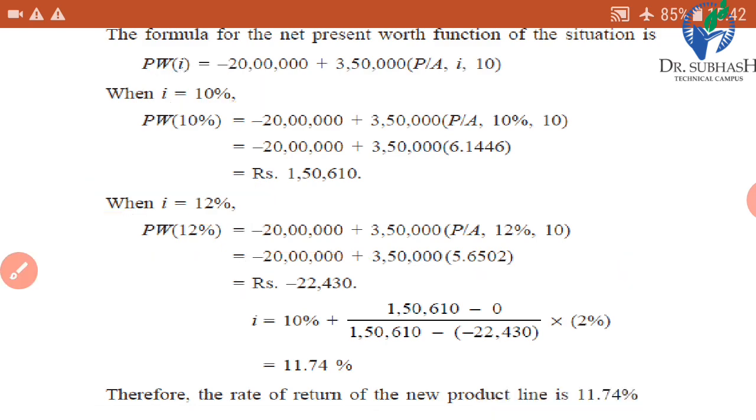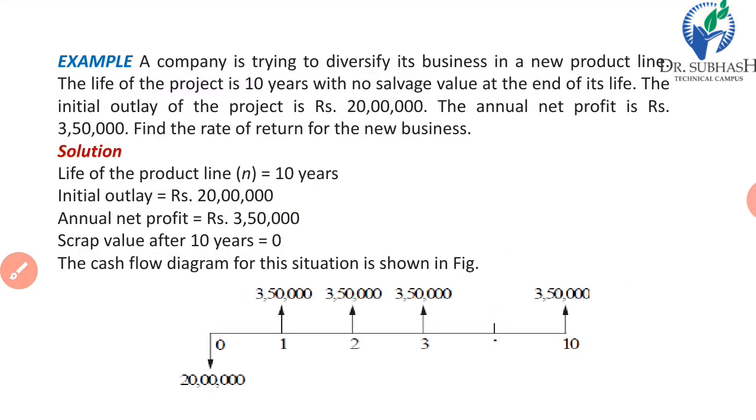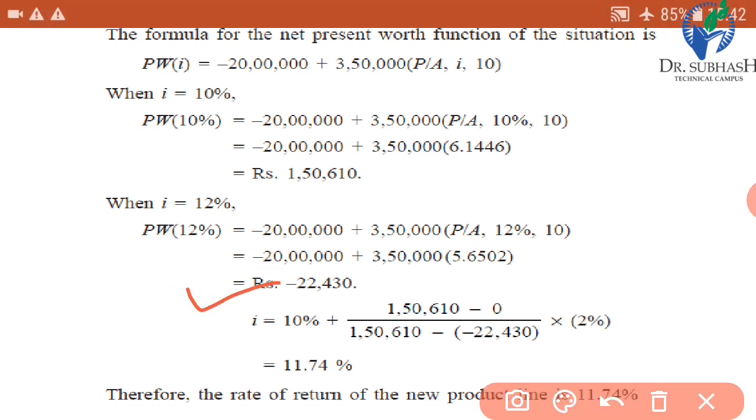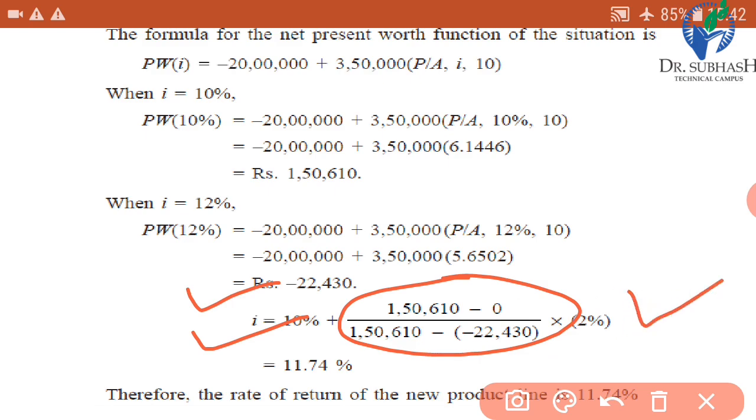But if we observe the result, we can say that the negative value is very small. It is only 22,430. So we can say that the interest rate will be near to 12%. Now from this formula, i is equal to 10% plus, by putting in the values found above, we get the interest rate as 11.74%.